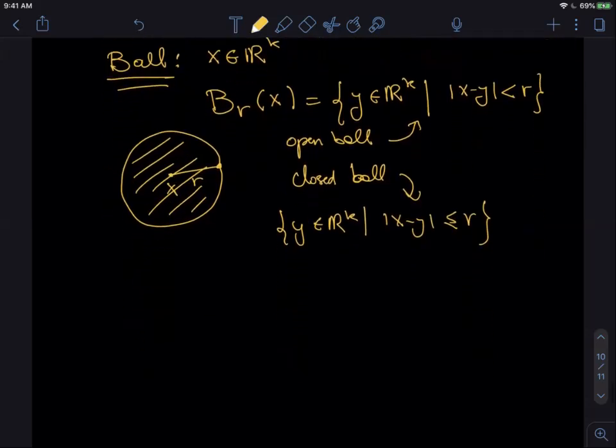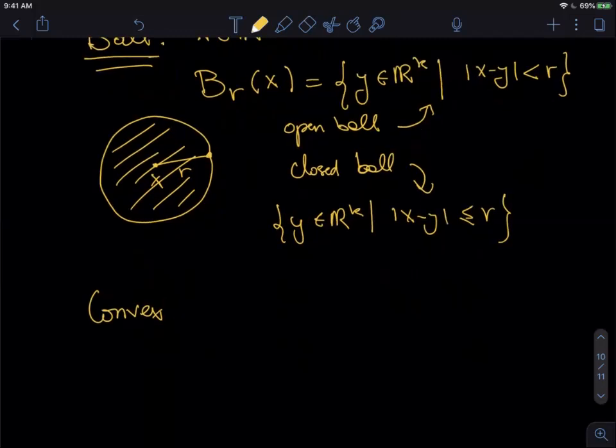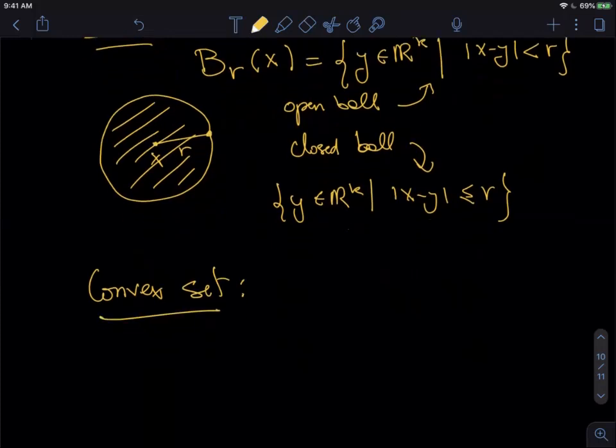And there is one more notion that we need to remember, the notion of convex set. So what is a convex set? Let's say we have E in R^k is convex.